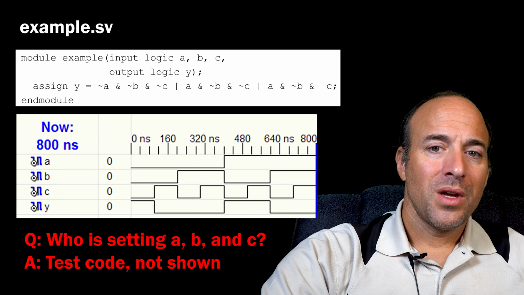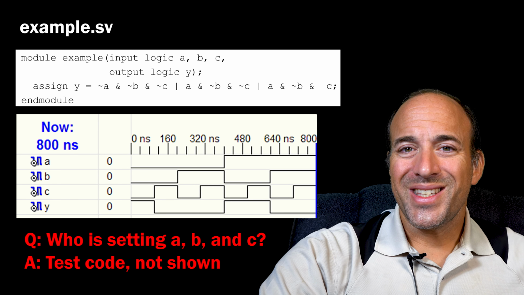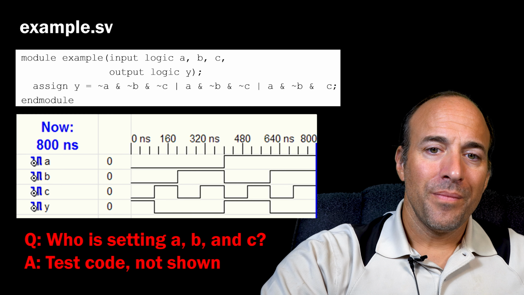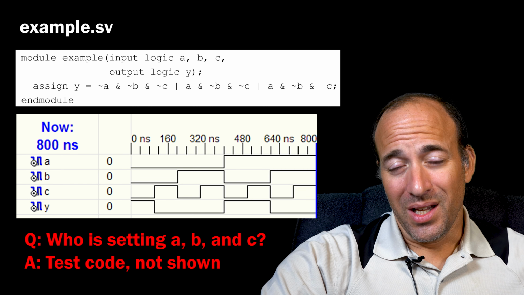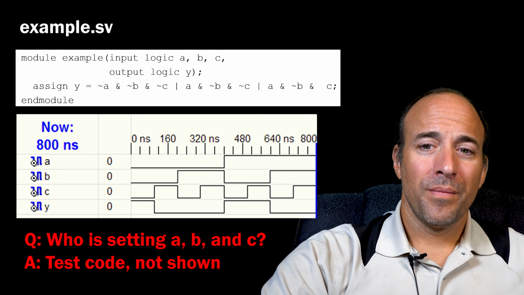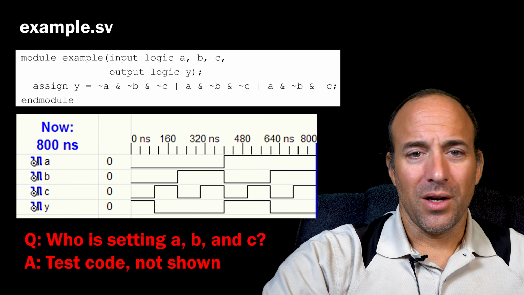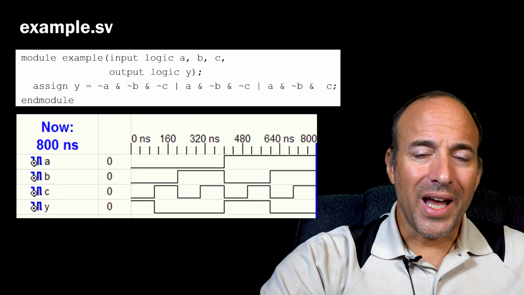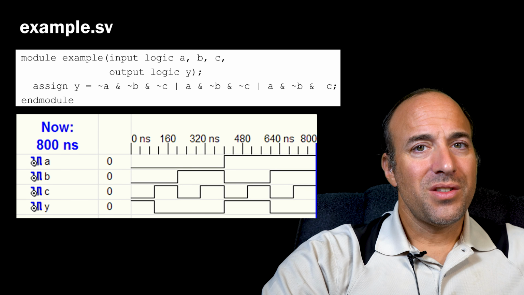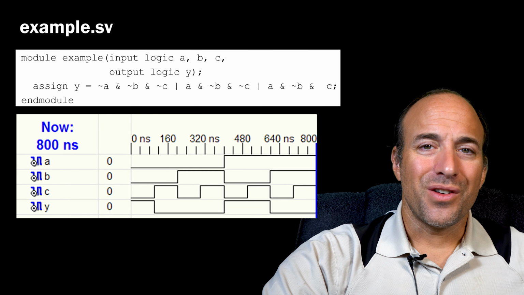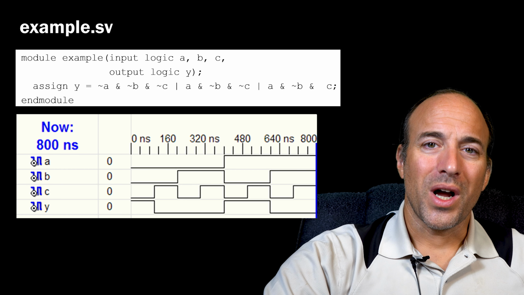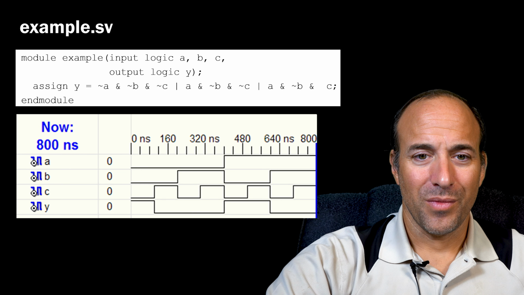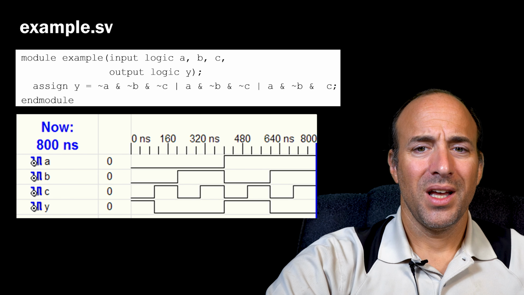Well, these values must be getting set from an unseen entity, such as from another module that has instantiated the example module, or through a series of simulator commands that are forcing the A, B, and C inputs. Now, please assume that there's another design there that's driving the A, B, and C signals that's not being shown here. We'll return to this idea soon.